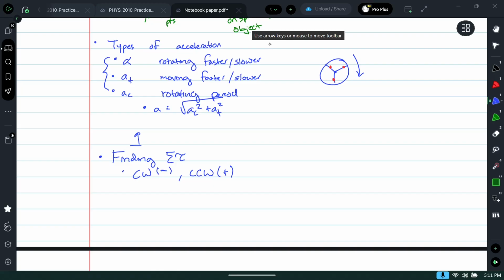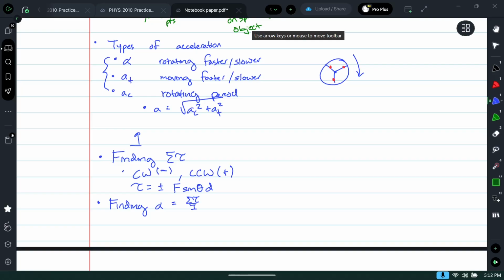And for each individual torque, you account for the sign, so plus or minus, depending on which way it's going to cause rotation, force, sine theta, and then how far that force is being applied from the axis. The other calculation thing is finding an angular acceleration if you know the net torque.